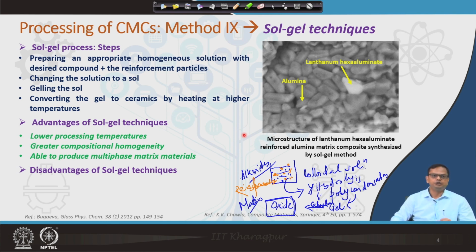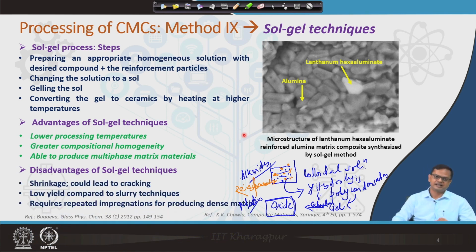There is the ability to produce a multi-phase matrix material, that means by the sol gel technique we can have a mixed oxide of SiO2 and Al2O3, which is not always possible. Disadvantages: certainly shrinkage is a problem, yield is low, and the process is slower. You get a very small amount of material after all these steps.